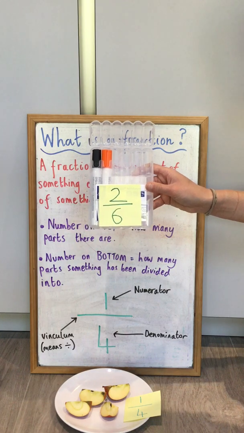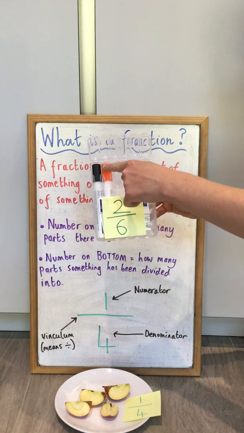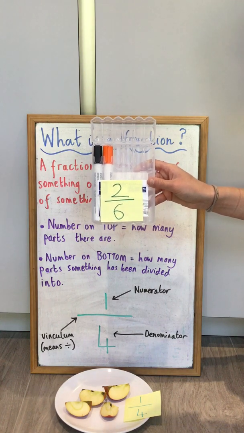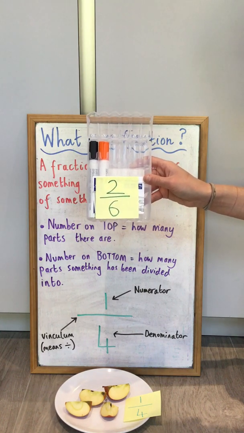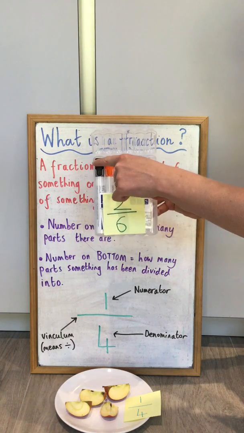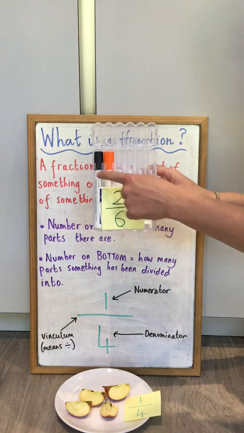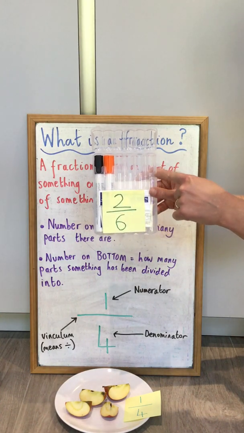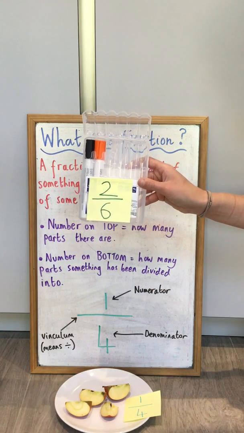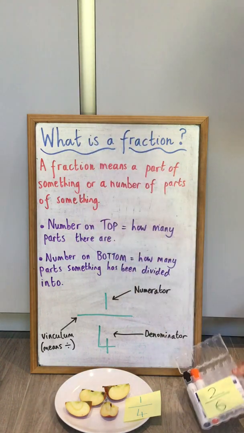I've only got pens in 2 of the slots. So I can say that 2/6 of the plastic holder is being used up by pens. So 2 pens in 6 of the plastic slots. That's another visual representation of a fraction.